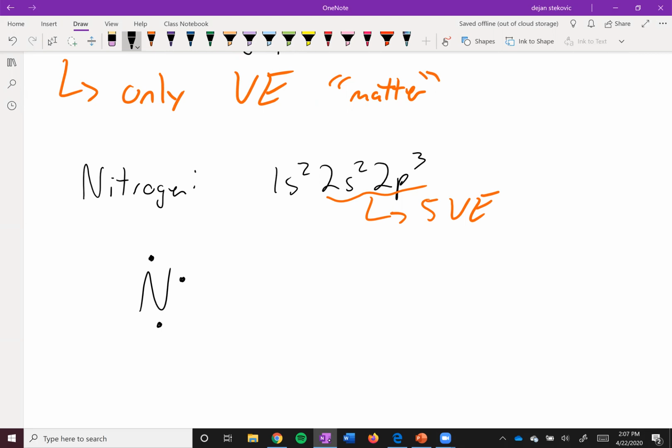So there's 2, 3, 4, and then once we put 4, we start pairing up, so the 5th one gets paired up, right? So we've got 5 dots for the 5 valence electrons. There's kind of 4 sides, right? Top, right, left, and bottom. And so we put 1 on each side, then double up.